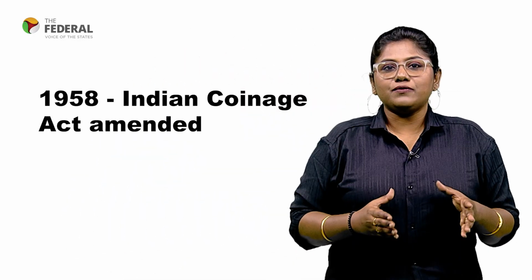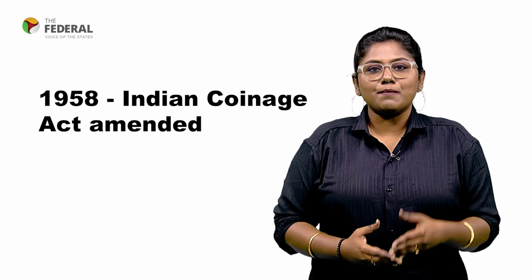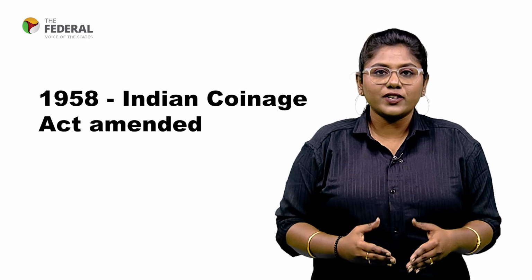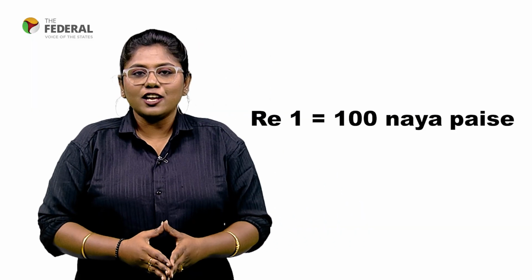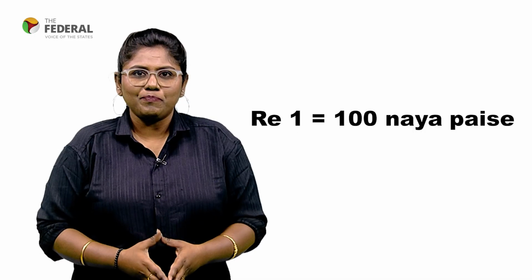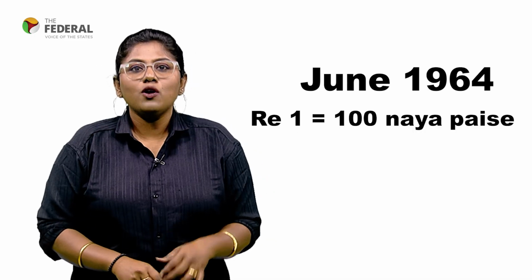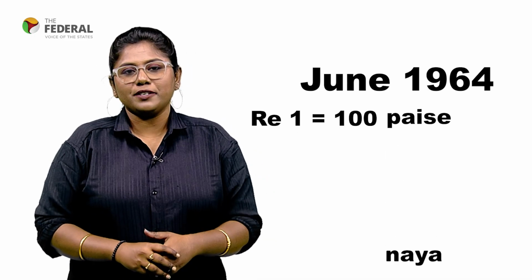In September 1955, the Indian Coinage Act was amended for the country to adopt a metric system for coinage. The act came into force with effect from 1st April 1957, and that was when the rupee was decimalized and divided into 100 naya paise. In June 1964, the term naya was dropped.